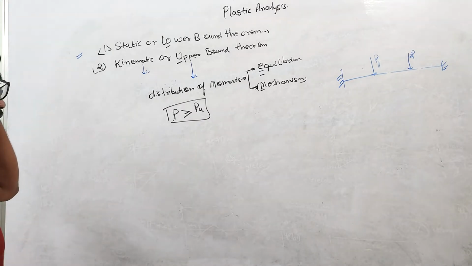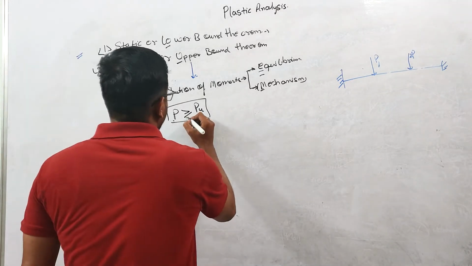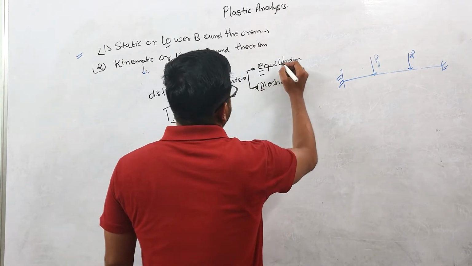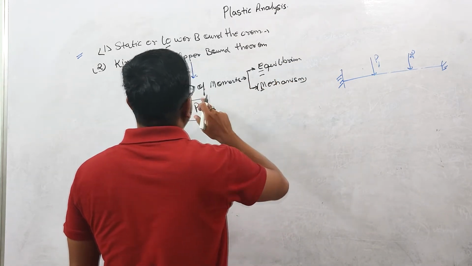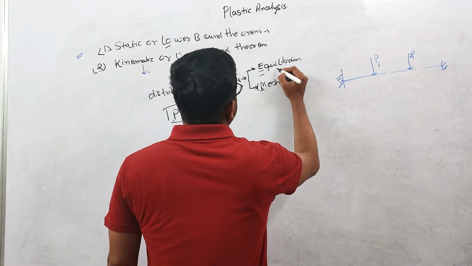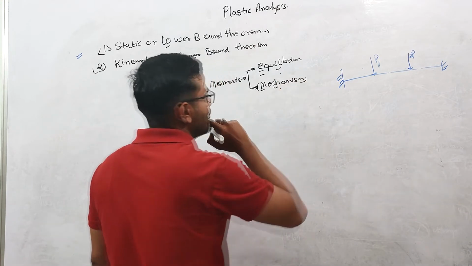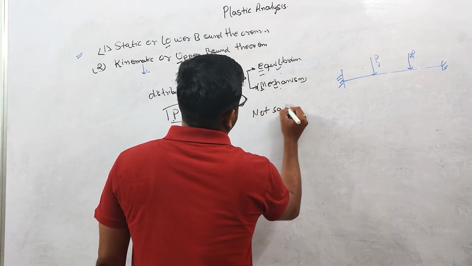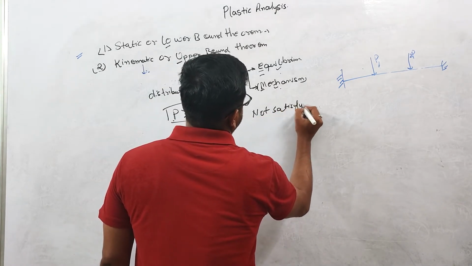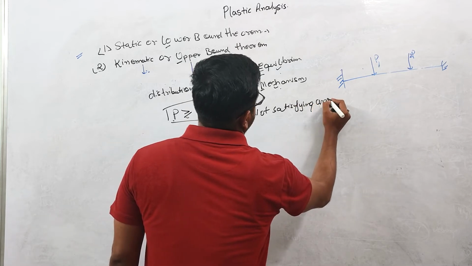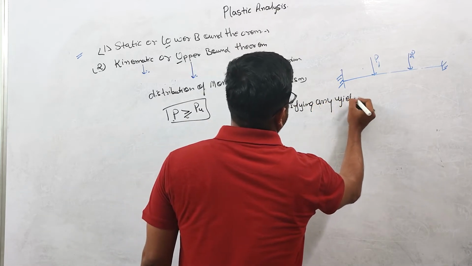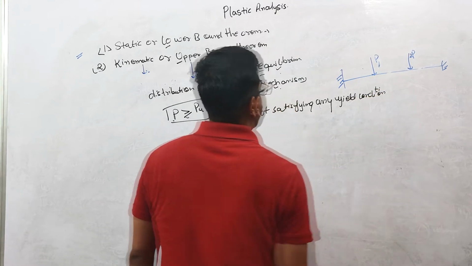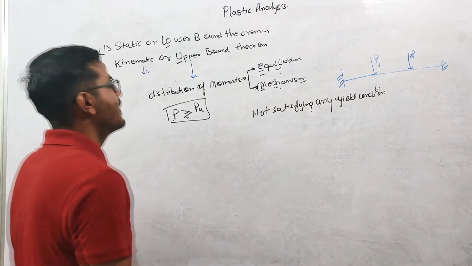Okay, so why it is greater than the true collapse load is basically that if the distribution of moment is satisfying these two conditions only, equilibrium plus mechanism, but it is not satisfying any yield condition.